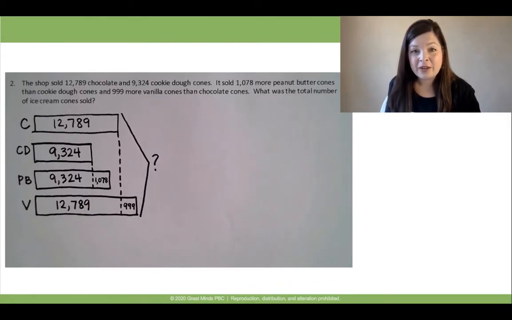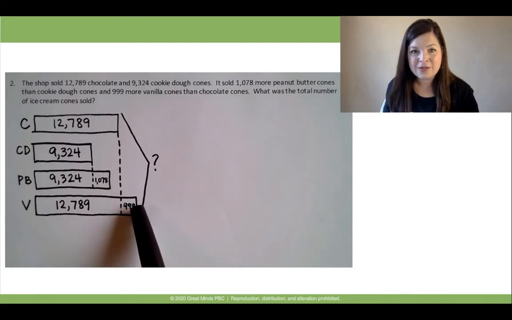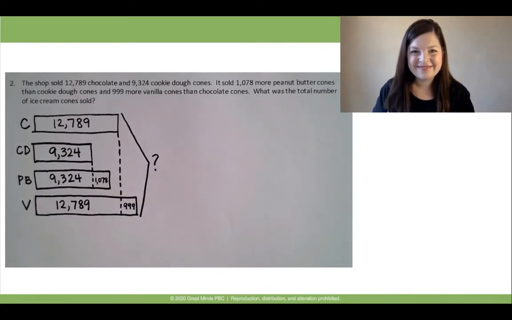We can also tell that we're looking for the number of cones that were sold in all because of this bracket that's holding all 4 of those tapes and the question mark out to the side. So pause the video now and solve the problem using numbers and write an answer statement to answer the question. Then come back and we'll compare our work.